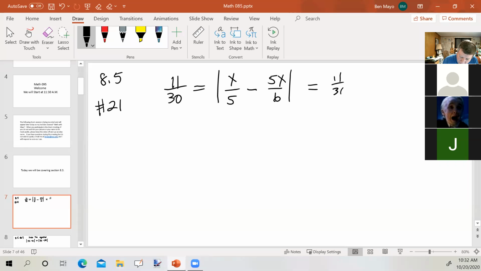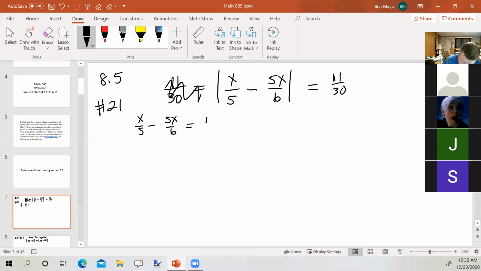So what's inside the absolute value, x over 5 minus 5x over 6, either equals what's outside or the opposite of what's outside. So we've got these 2 possible equations to solve. Any questions so far? All right.